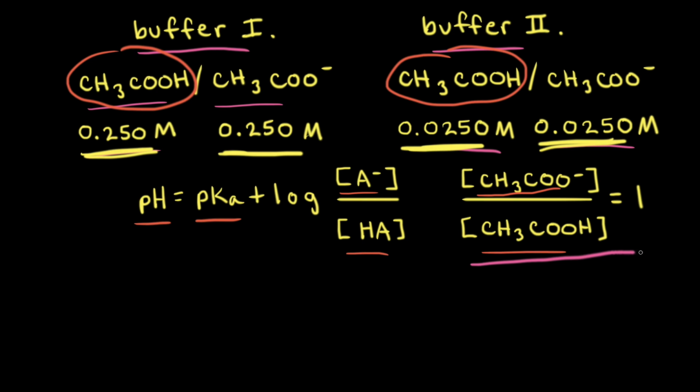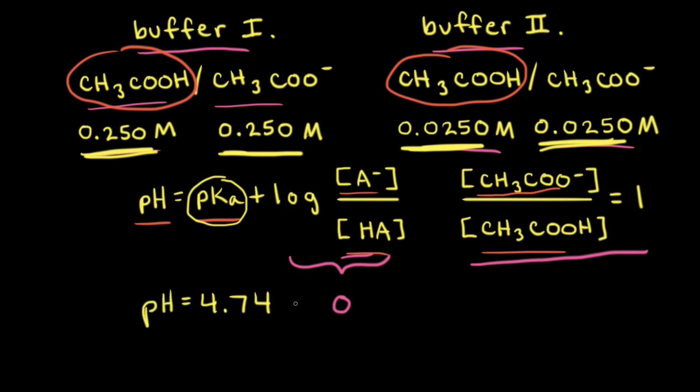Since the ratio of the concentrations is equal to 1, the log of 1 is equal to 0. And the pKa value of acetic acid at 25 degrees Celsius is equal to 4.74. So the pH of both buffer solutions is equal to 4.74 plus 0, or just 4.74.